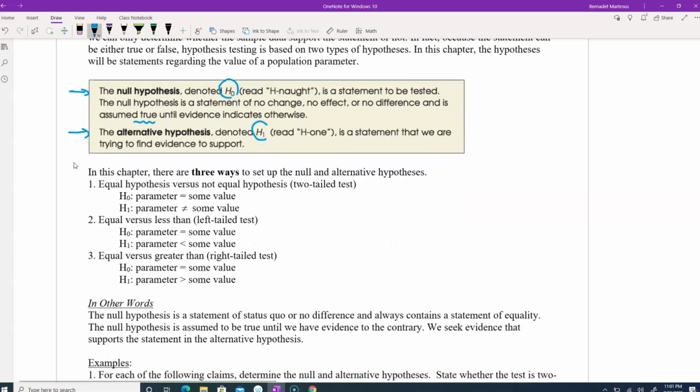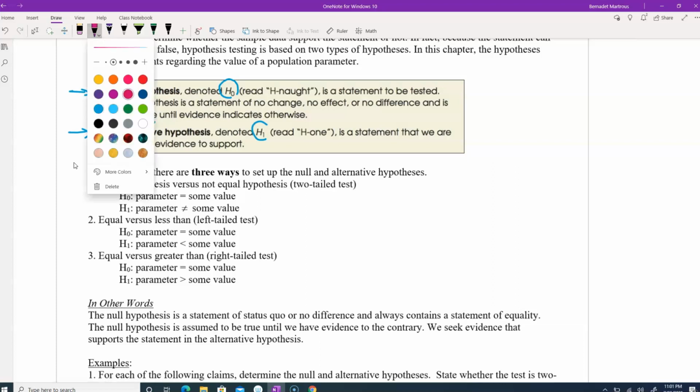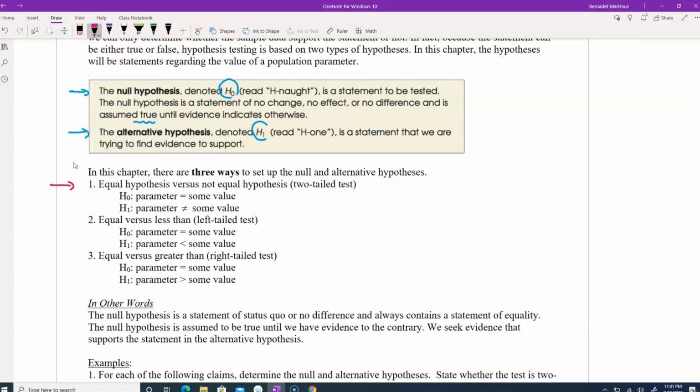In this chapter, there are 3 ways to set up the null and alternative. The first one is the equal hypothesis versus the not equal hypothesis. We call that a two-tailed test. The first one here is the null hypothesis, and this is the alternative.